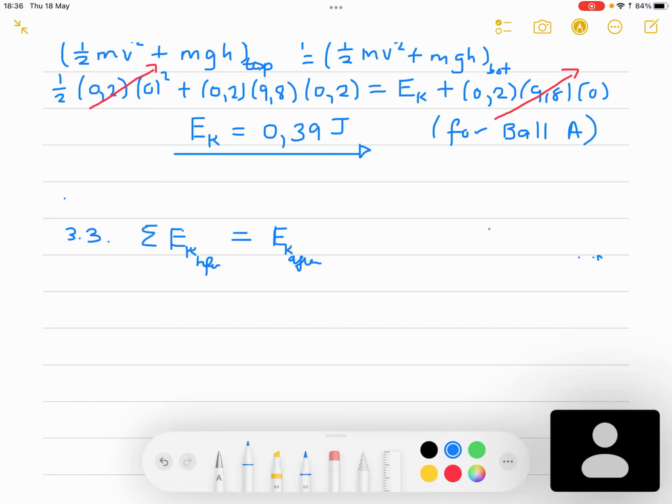Okay, but now we're going to say the sum of the kinetic energies because we've got ball A and ball B. Okay, so what is the initial, before?